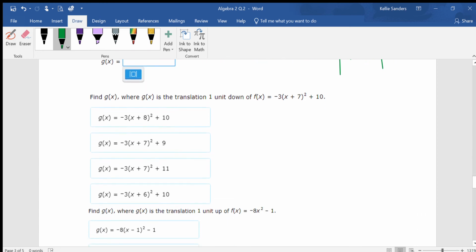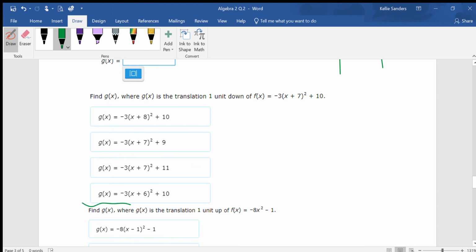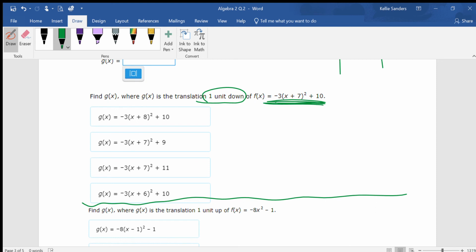All right, let's see what this one's doing. Find g of x, where g of x is the translation of 1 down from this. So here is our original equation, and I want to go 1 down.